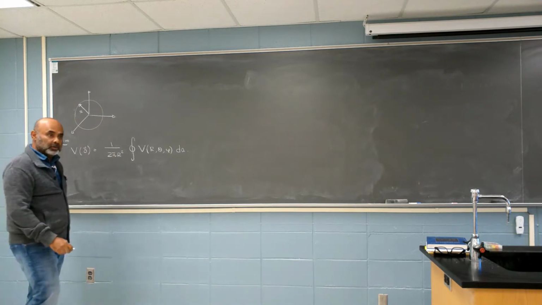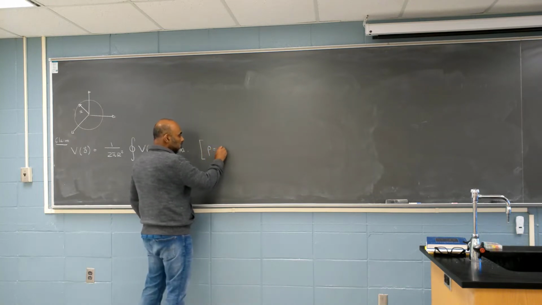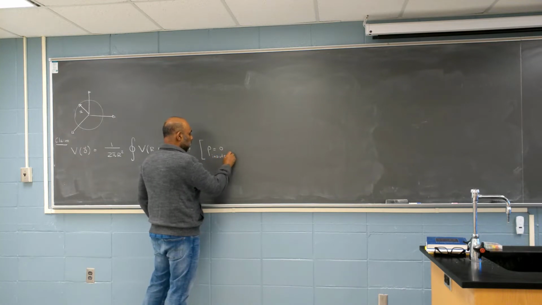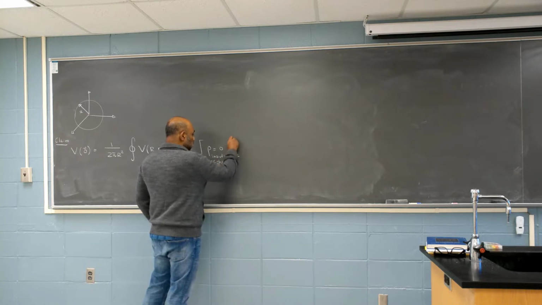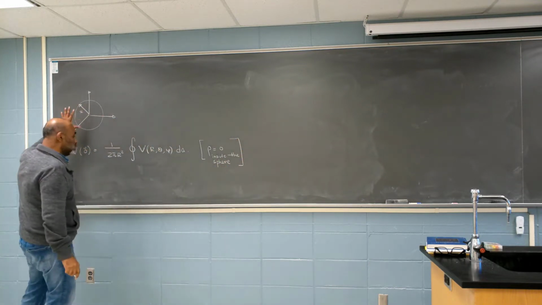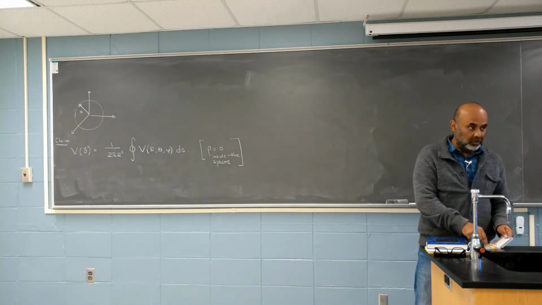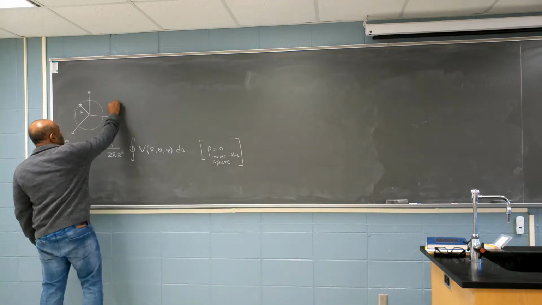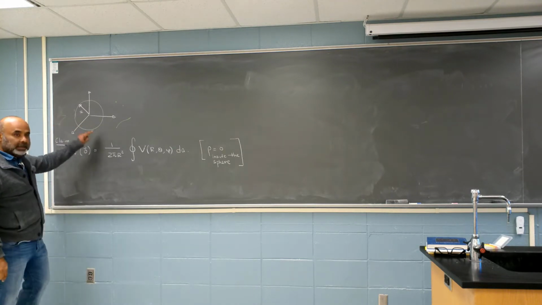This is only true when what? Rho equals 0 inside the sphere. So there could be charges outside. You could have all sorts of charges, a sheet charge outside, but inside it is vacuum.